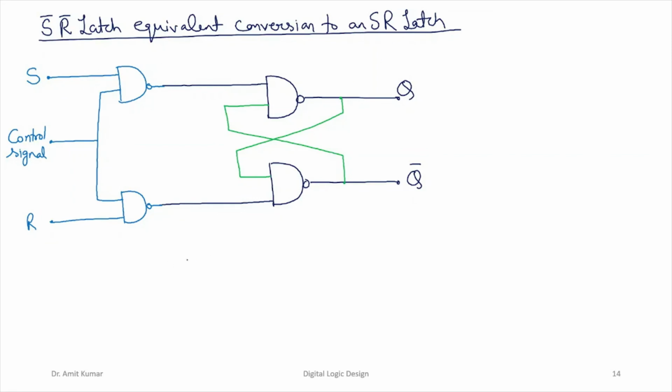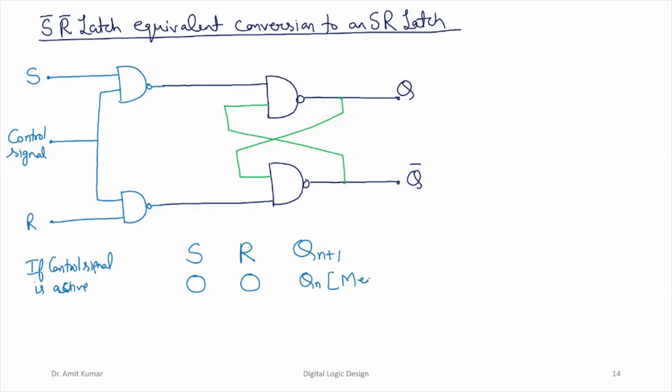If you want to see the characteristic table of this, with S and R, and the control signal active, then if 0 0 is the case, the output retains whatever value was previously present.